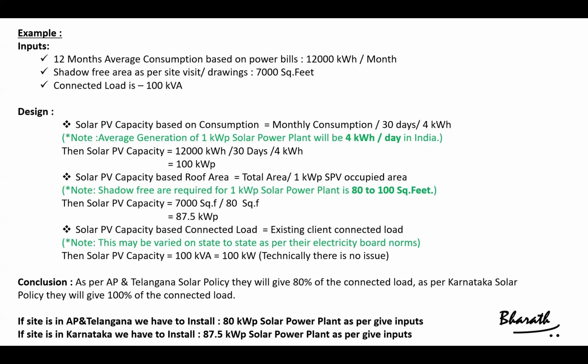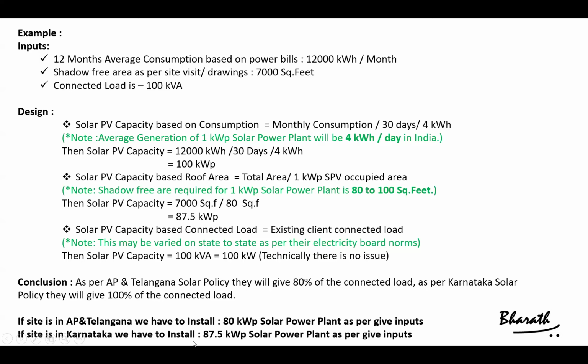And next, connected load. The customer's existing connected load is 100 kilowatt, 100 kVA, so we can set up 100 kilowatt. There is no issue. But here the electricity board will be involved. Some states are not allowing 100% of connected load. They are allowing 80 kilowatt only, 80% only. You can see here in Andhra Pradesh and Telangana, as per the policy, they will allow 80% only, so we can set up a maximum of 80 kilowatt.